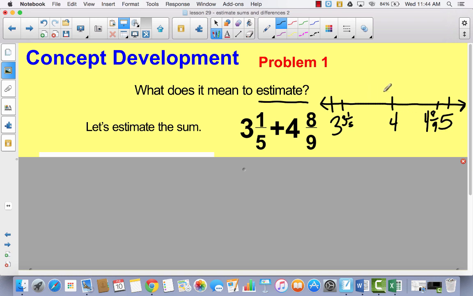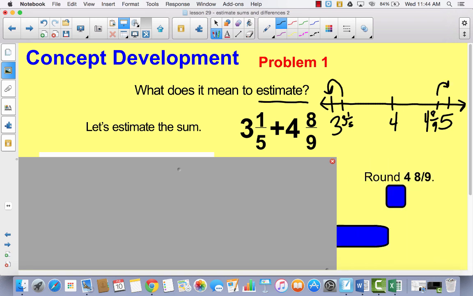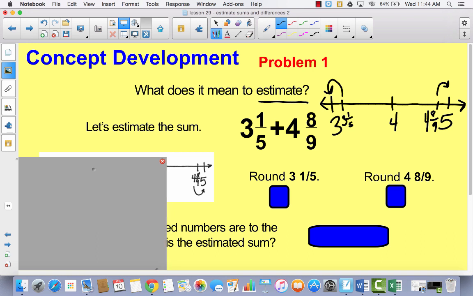So if I'm going to estimate these numbers, is 3 1/5 closer to 3, or is it closer to 4? Well, it's closer to 3. Is 4 8/9 closer to 4, or is it closer to 5? Well, it's closer to 5. So now I can estimate my sum.